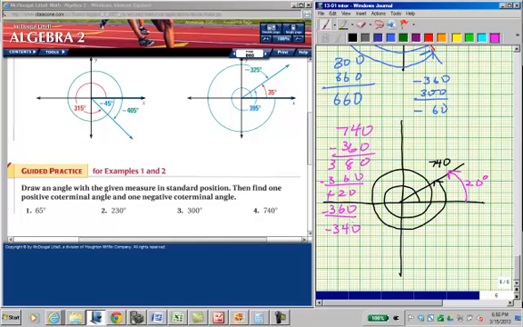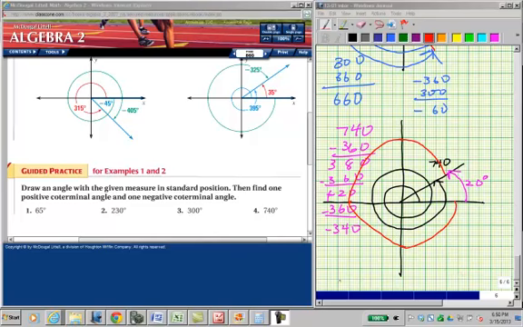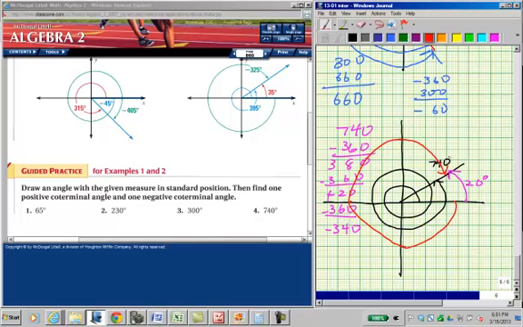So let's use red. Okay, so we're going in the negative direction. We start at 0, negative 90, negative 180, negative 270, and then another 70 degrees takes me to negative 340.